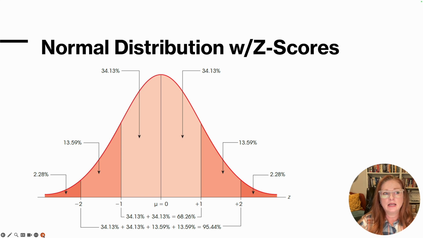If I have an IQ score of 115, I am 1 standard deviation above the mean. And because it's symmetrical, meaning what happens on the right-hand side happens on the left-hand side, if I have an IQ score of 85, I'm also 1 standard deviation away from the mean, but now I have a z-score of -1. Okay.